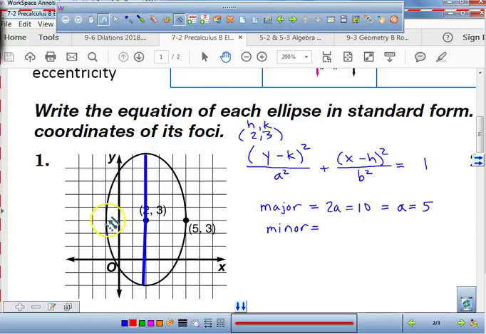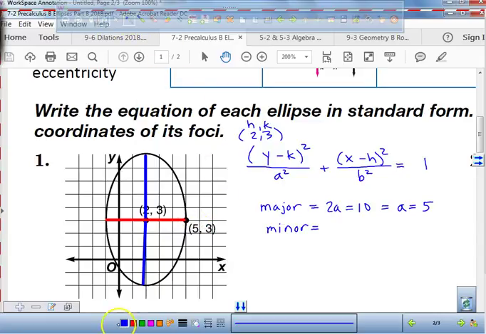Our minor axis goes all the way across right here. That's our minor axis, and our minor axis is equal to 2 times b. That distance from here all the way across is 6, so our b has to equal 3. So that helps you get your b value.